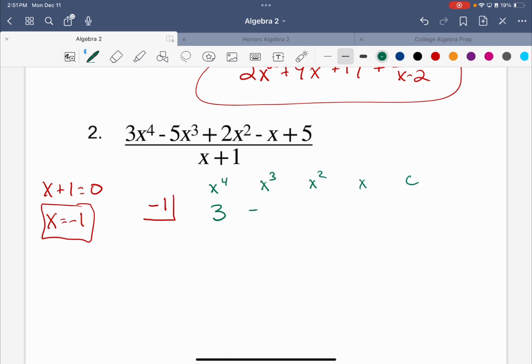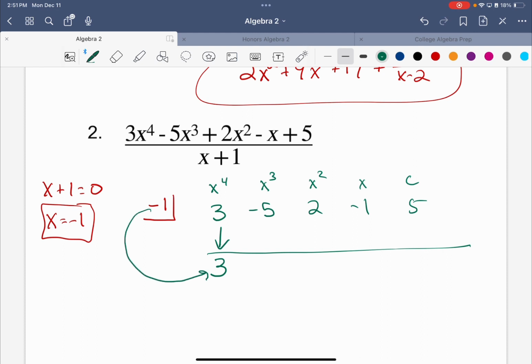It's -5x cubed, 2x squared, -x, and 5. So everything's there, so I'm okay. We don't have anything underneath the line, so we got to get something underneath the line. So we drop that 3 down. 3 is below the line.